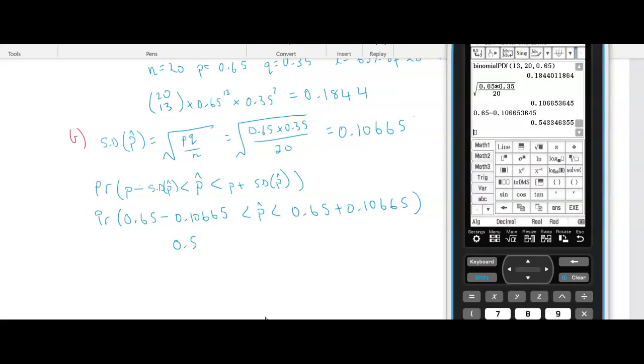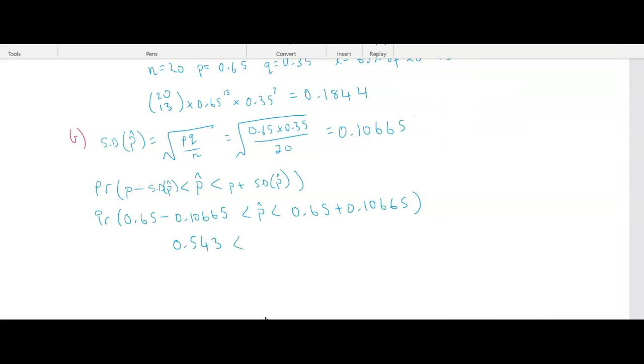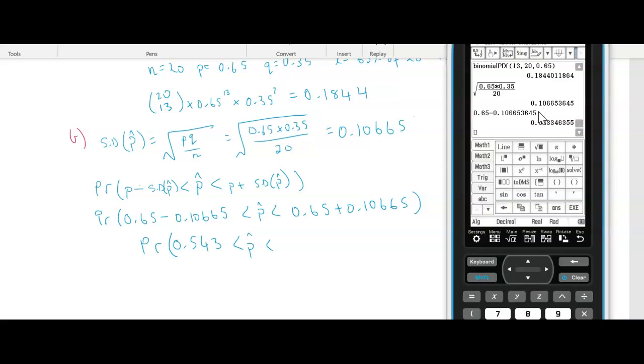I wish the calculator would just stay there. 0.543. And same thing, we're just going to put a plus in the middle now. So 0.75665.